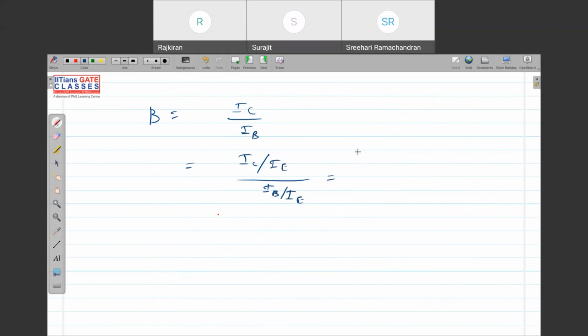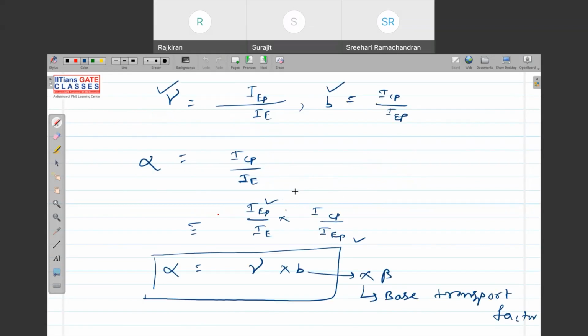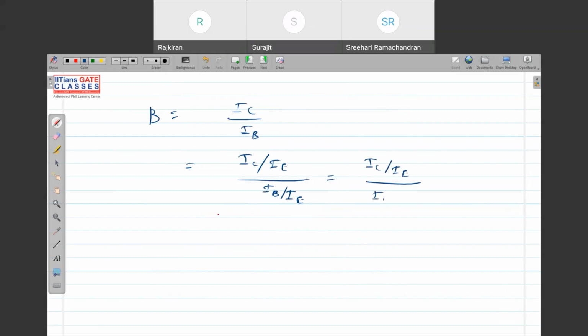Equal to IC by IE divided by IB by IE. What is IB? IB is nothing but IE minus IC. So it is equal to IC by IE divided by 1 minus IC by IE.